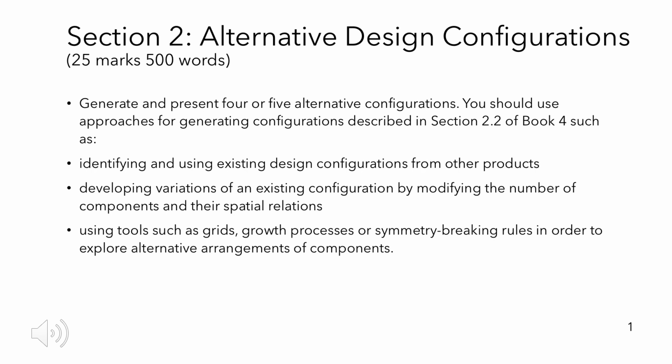You might try variations on the existing configuration by, for example, using more components or fewer components and arranging them differently. And you might use some of the tools such as grids, growth processes, or symmetry breaking rules to try and explore some alternative arrangements of components.